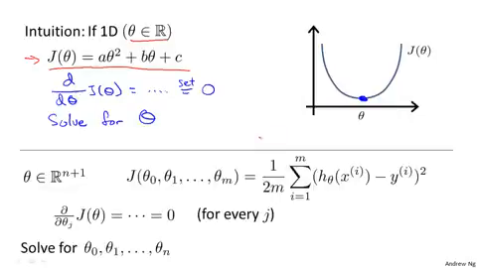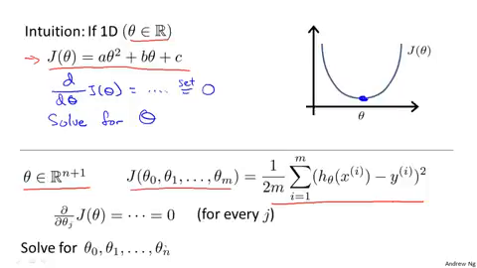In the problem that we're interested in, theta is no longer just a real number, but instead is this n+1 dimensional parameter vector. And our cost function J is a function of this vector value theta 0 through theta n, and the cost function looks like this sum squared cost function on the right. How do we minimize this cost function J?